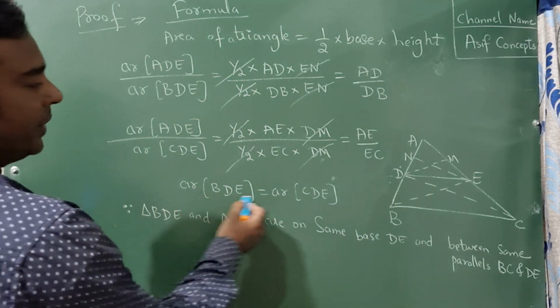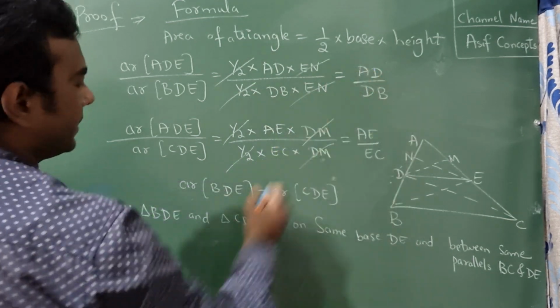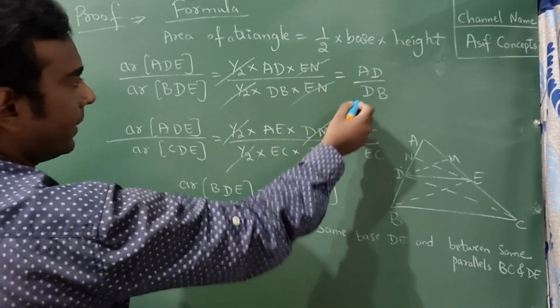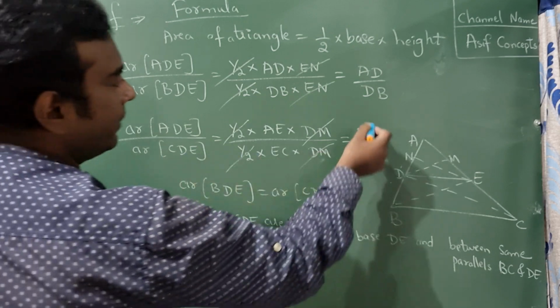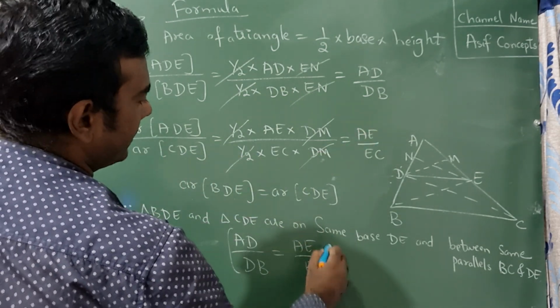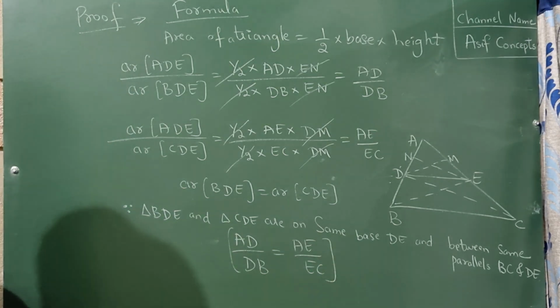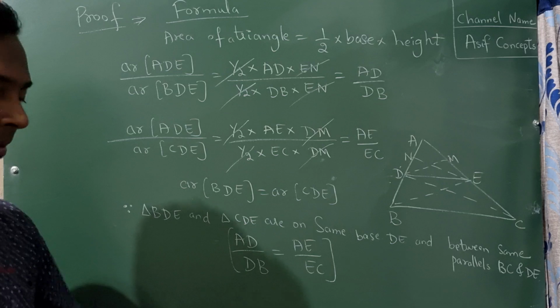So area of triangle BDE is equal to area of triangle CDE. So from here what did I get? It is AD by DB is equal to AE by EC. This completes your entire theorem. Also this completes your entire paper.